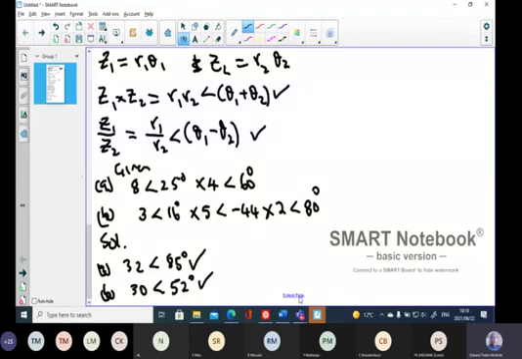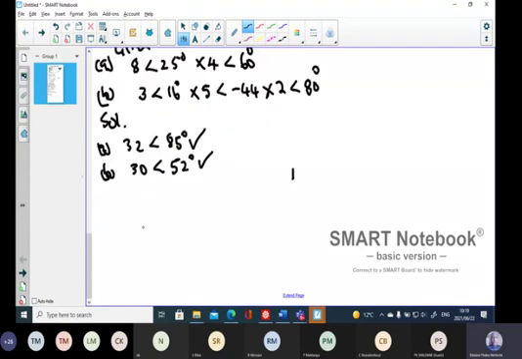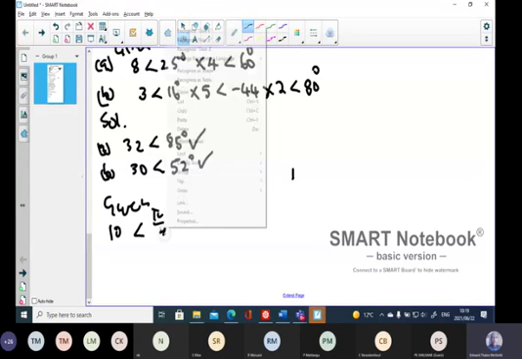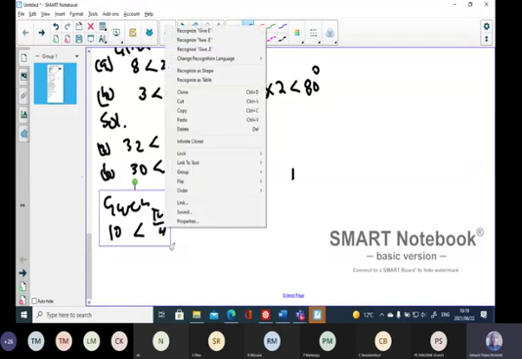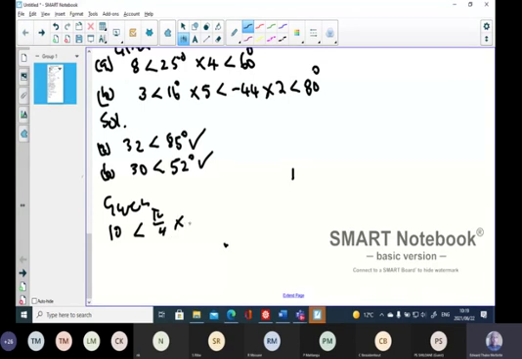So let's look at one where we do division. Given 10 with the angle pi over 4, multiplied by 12 with the angle pi over 2, everything divided by 6 with the angle minus pi over 3.